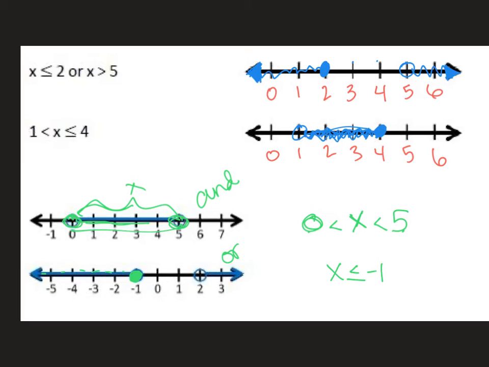Then we've got our break in our graph. So it's "or" x is, and this is a closed dot, greater than or equal to 2. So it's anything bigger than 2. We've got two totally separate problems.